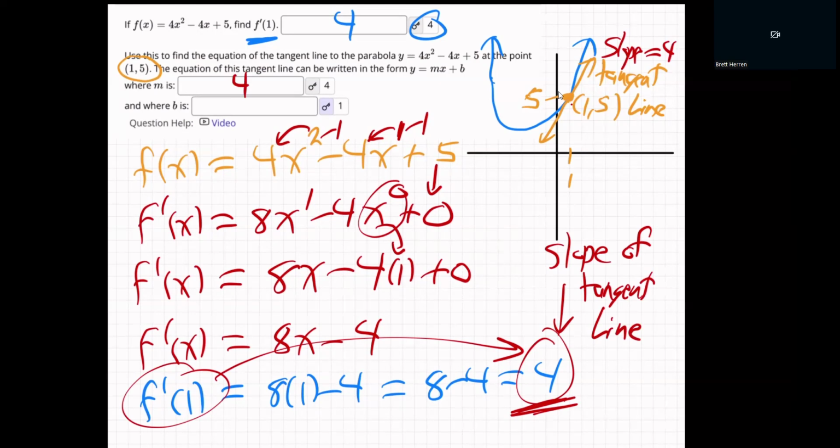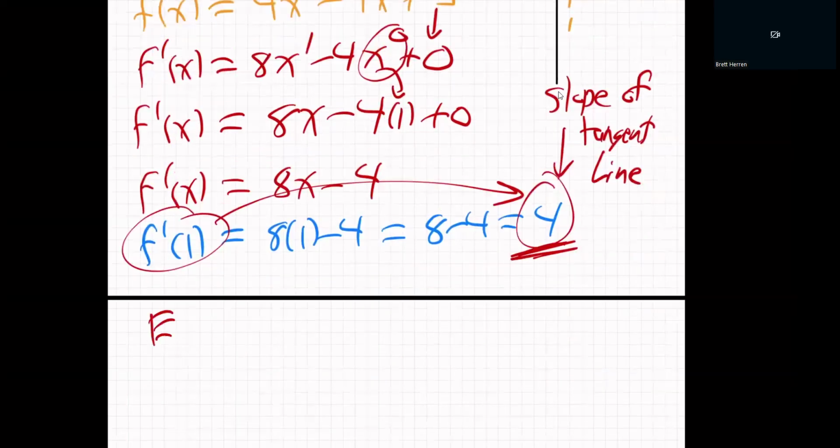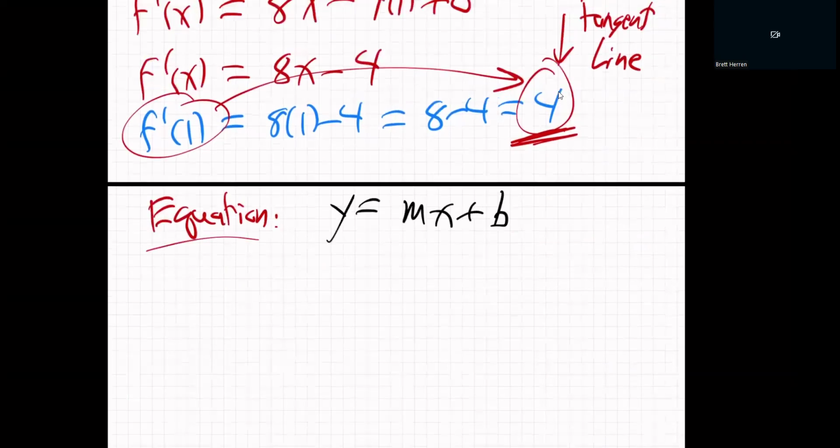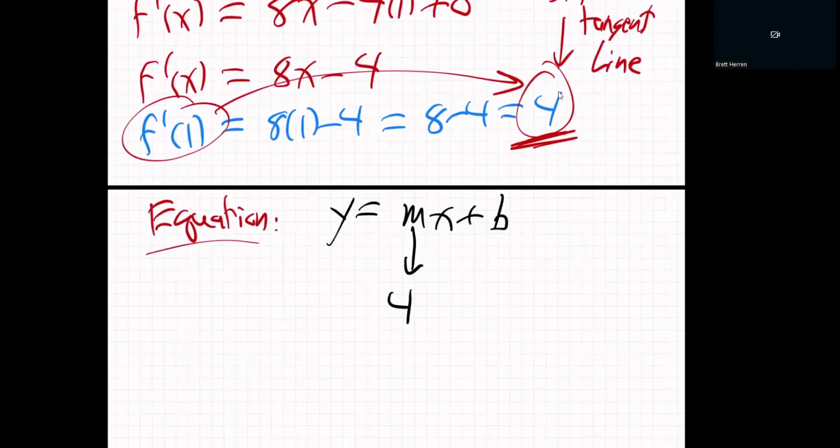We want to find the whole equation, like the y equals mx plus b, the equation of that tangent line. How do we find the equation of that tangent line? Y equals mx plus b. Well, we already know the m is 4, right? Because that's the slope.